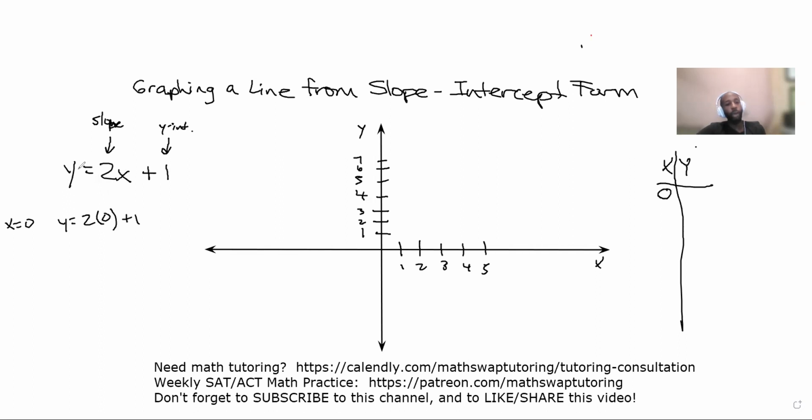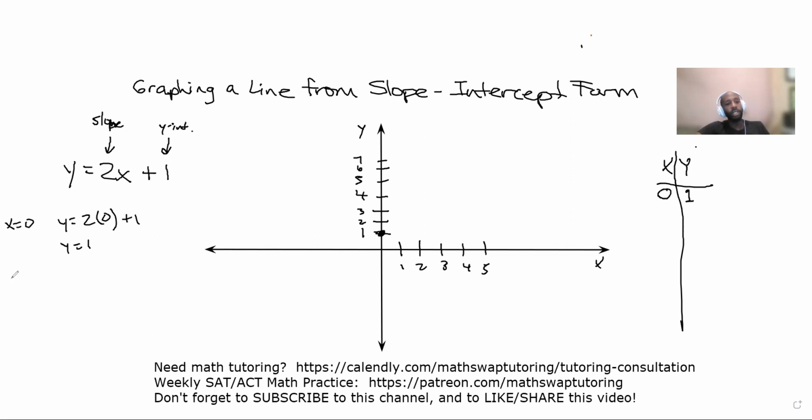So we're just trying to find what y is when x is equal to 0. That's all. So y is equal to 1. So there's a point on the line. Where x is equal to 0, there's our y-intercept again. So that's something to keep in mind as well. Remember that wherever your x value is 0, that's where your y-intercept for a line is going to be.